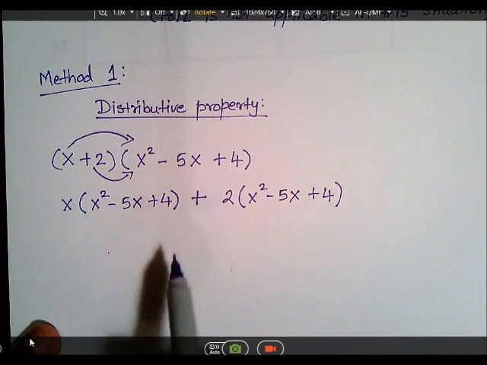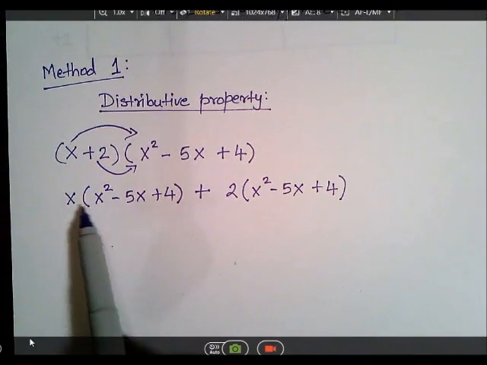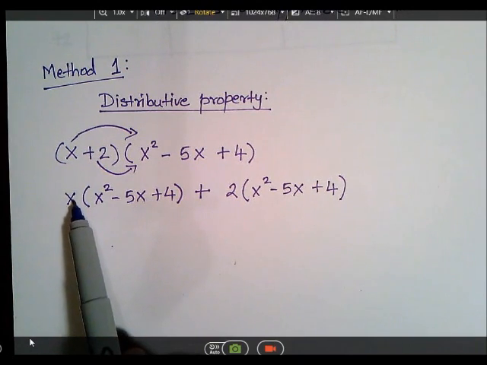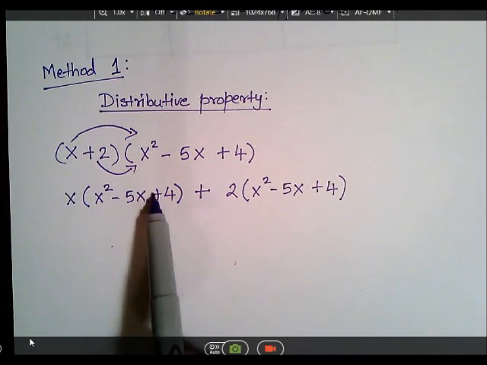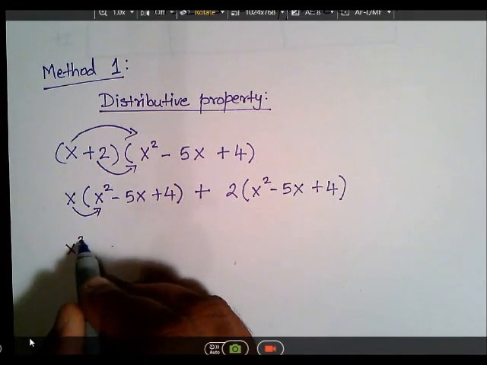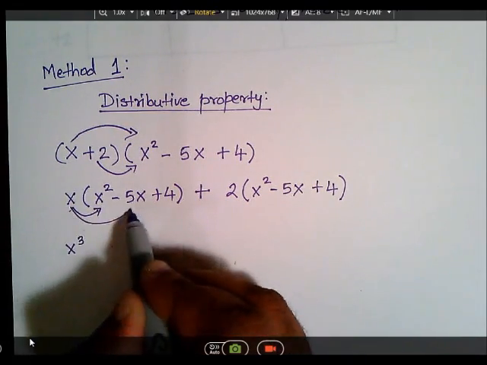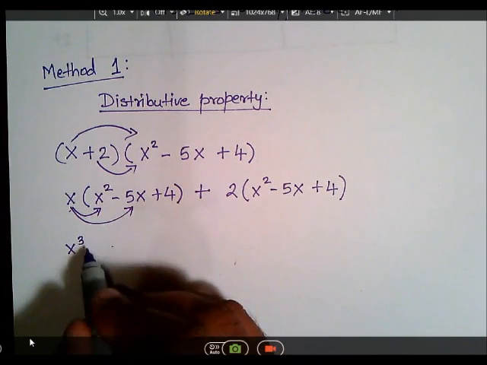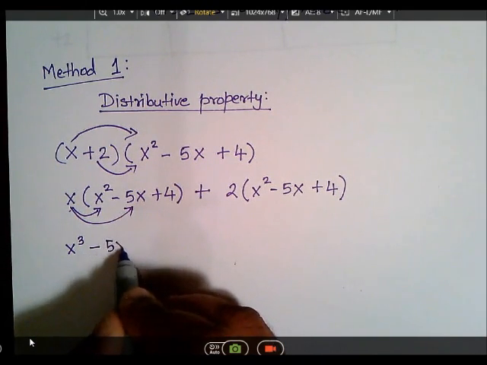This is the first distributive property. Now I still have to distribute it one more time. I'm distributing the x to everybody, right? So x times x squared is x cubed. X times negative 5x is negative 5x squared.